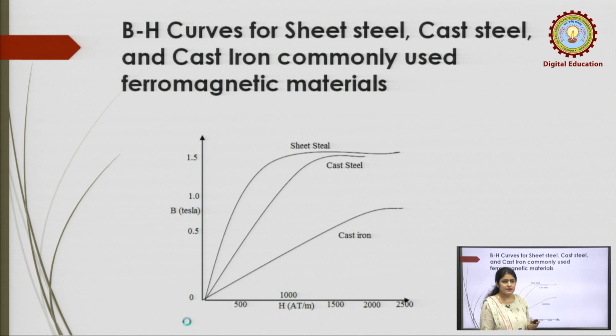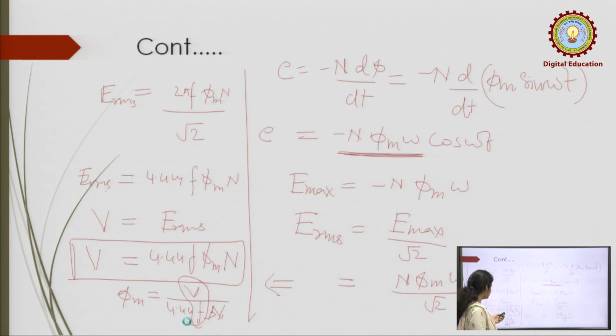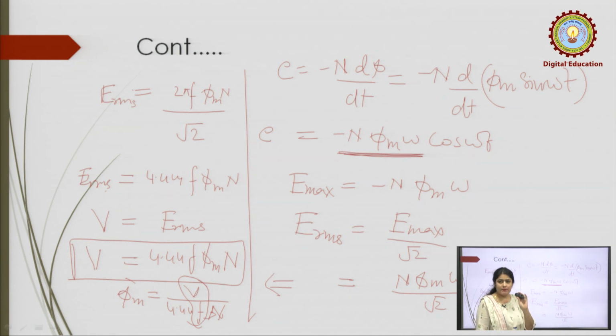So, you will see that the BH curve is the BH curve between three materials. Now, suppose in an AC circuit you have applied this voltage, and this phi max will be fixed as you apply the voltage, because it depends upon the voltage and the frequency of the supply, right.